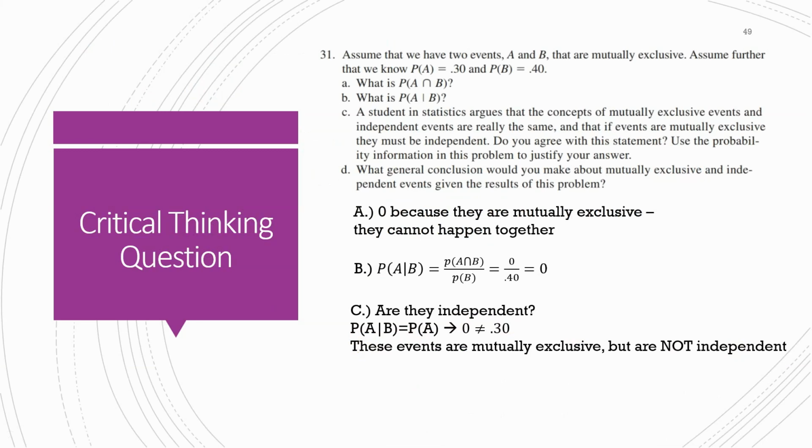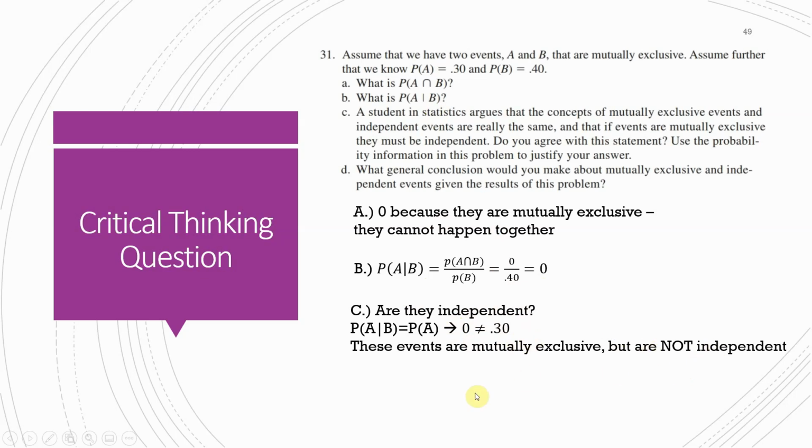If not, then we know that's not the case. So let's plug these in. Probability of A given B, we already solved this in section B, it's 0. Probability of A is given to us, it's 0.3. So these are not equal. If they are equal, we know they are independent. So because they're not equal, they are not independent.